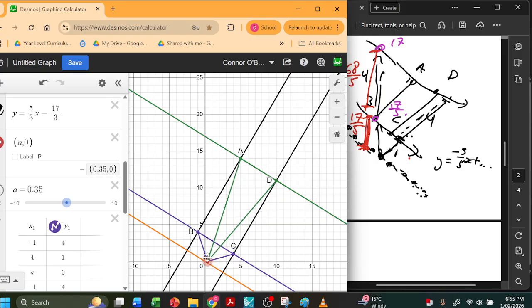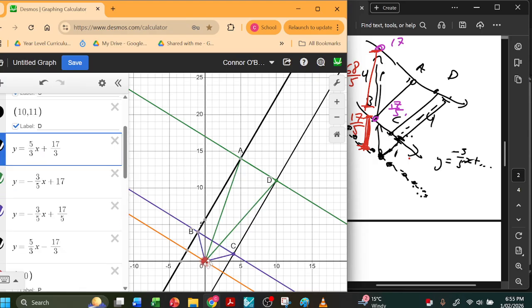We could even test this by using the fact that, okay, well, now that we know that this is in fact 0, 0, that forms two isosceles triangles, this green one and this purple one. We didn't know that before, so if you used that in your explanation, it wouldn't quite work.